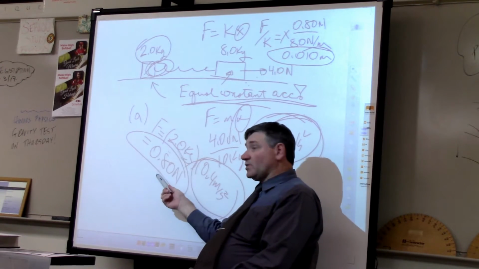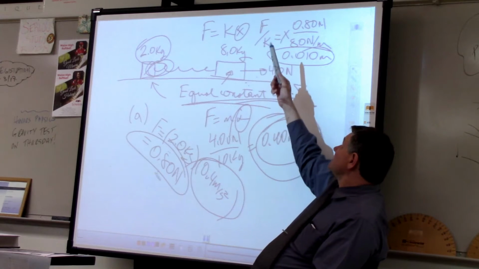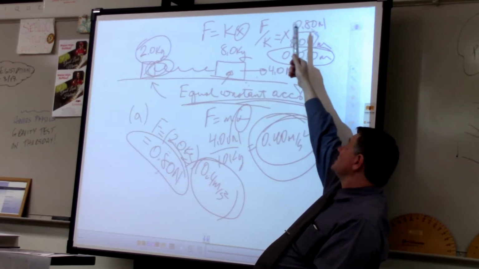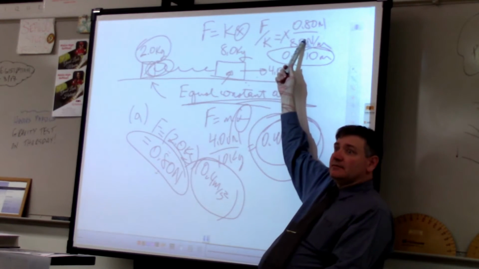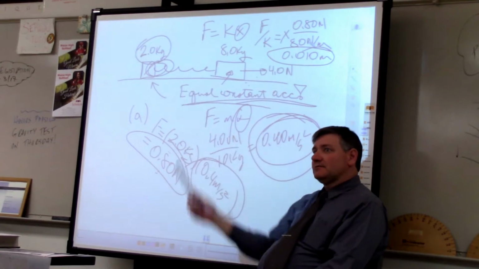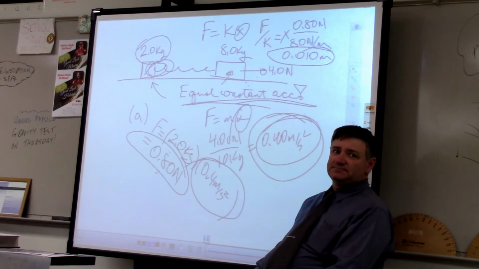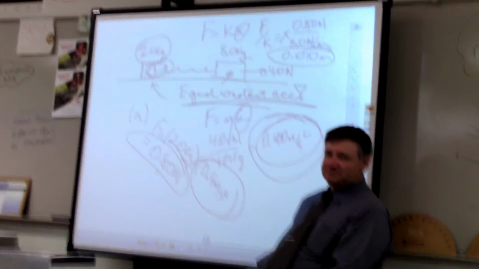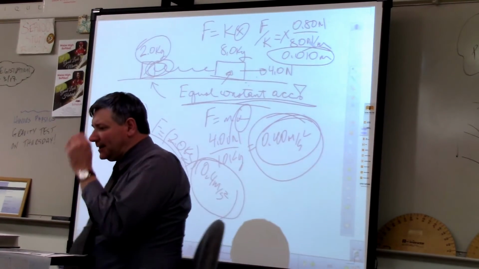So this becomes 1.6 newtons. Then you're taking 1.6 newtons and dividing it by 80. You're going to get a greater stretch. Good with that? I got that right, yes. Okay.